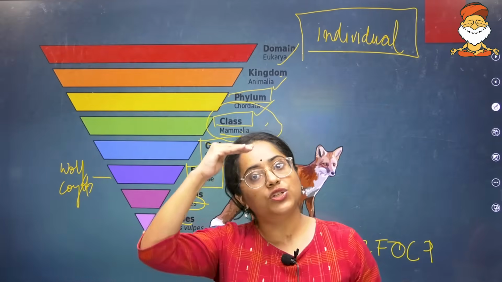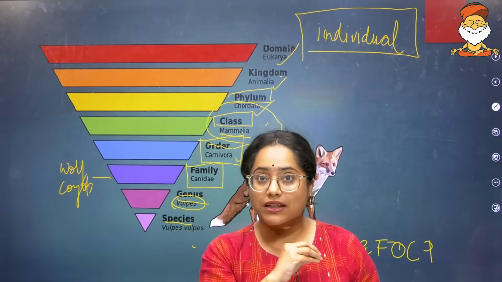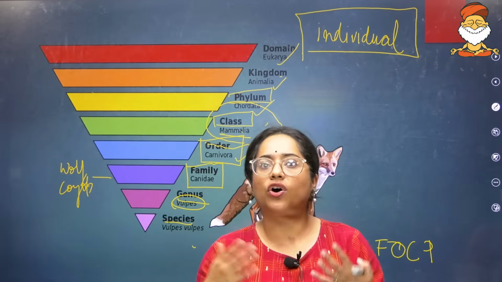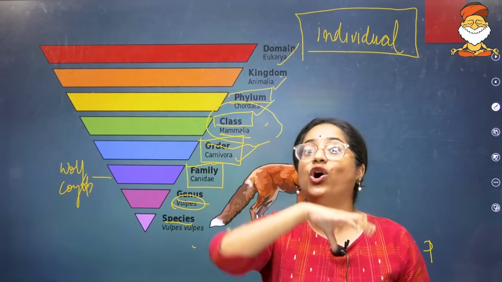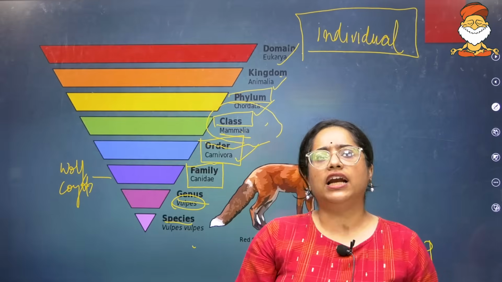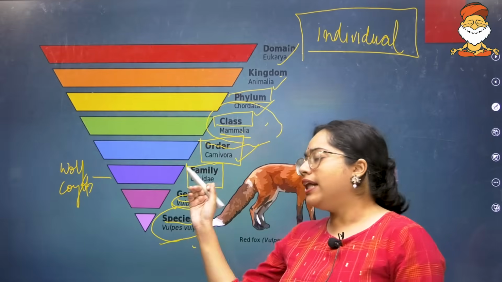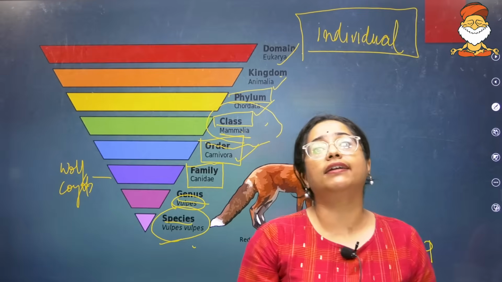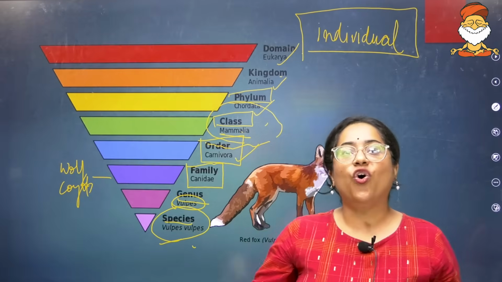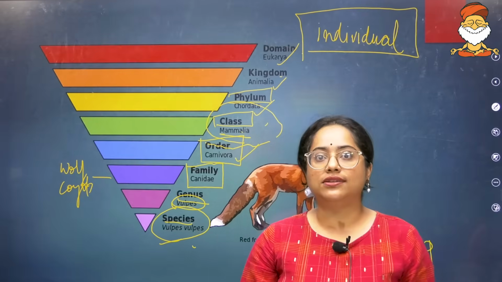So, these levels you have to remember, for the reason being that when UPSC gives you a question about phylum or order or class, you need to know how small it is or how big it is. They'll take a concept like species and they'll say that humans and tiger belong to the same species. You know that's wrong. Or humans and tiger belong to the same genus.